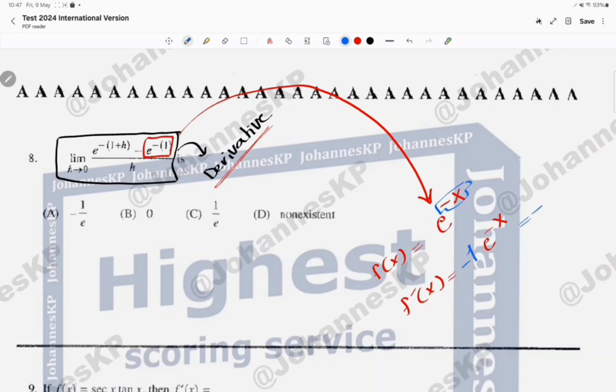So now your function is going to be -1 over, you can bring the e down to make the power positive. Do you put -1 as well or no? Sorry? X -1. No, now you plug in this 1 that was there in the beginning. So you get -1 e to the power of 1, that is -1 over e, which is A. Not that bad, right?